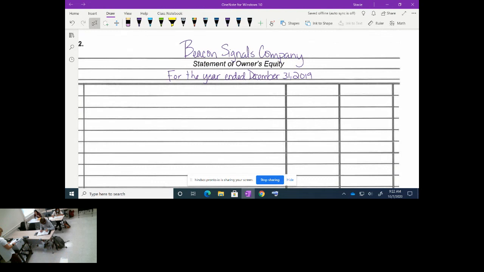All right, I'm going to go back and look at the instructions for a second, because there's some information over here that we might need. Our first instruction was to prepare the income statement. We've done that. The second one is to prepare a statement of owner's equity for the year ended December 31. No additional investments were made during the year. So that tells me that this company was already in business since there were no investments made.